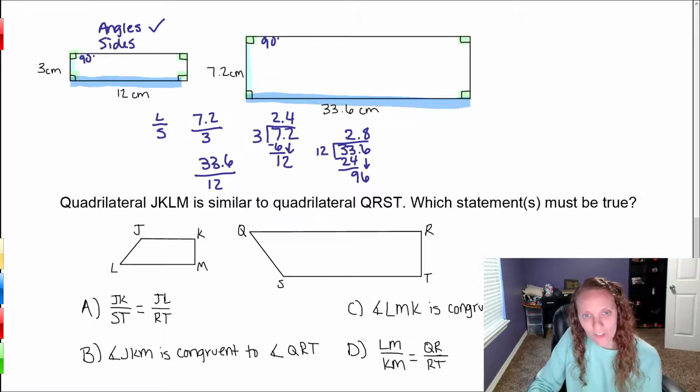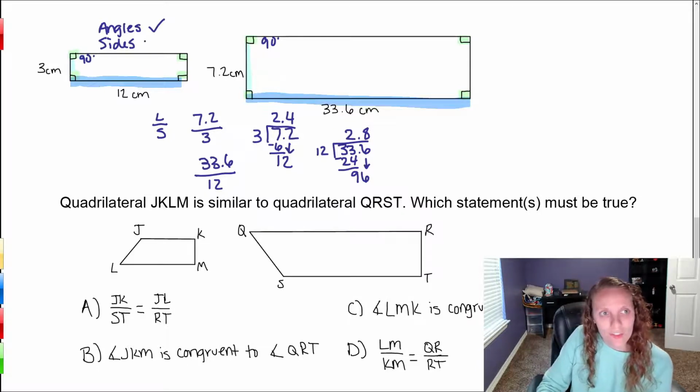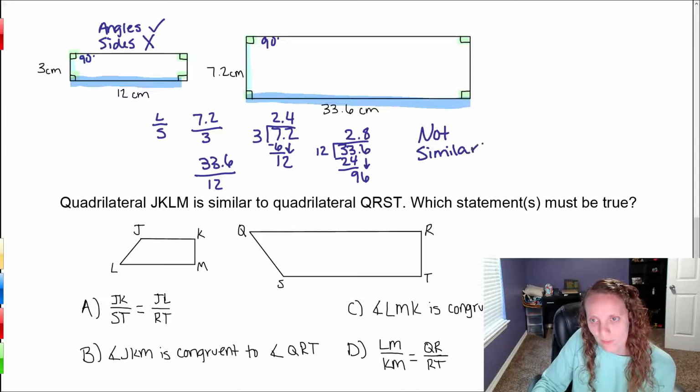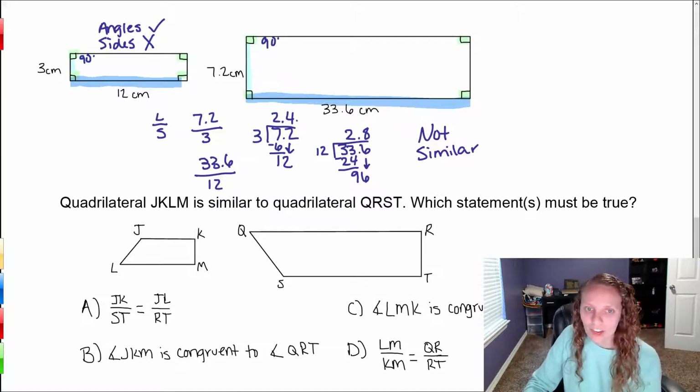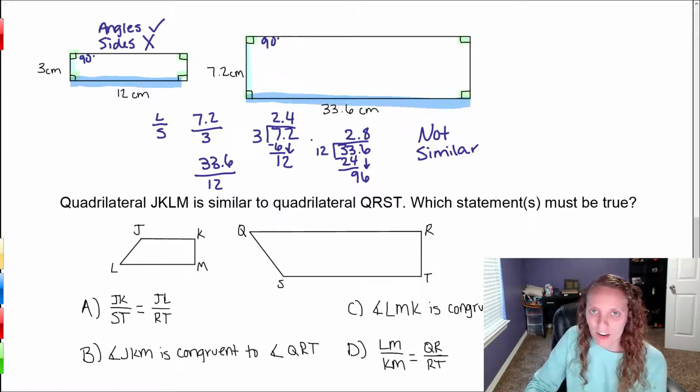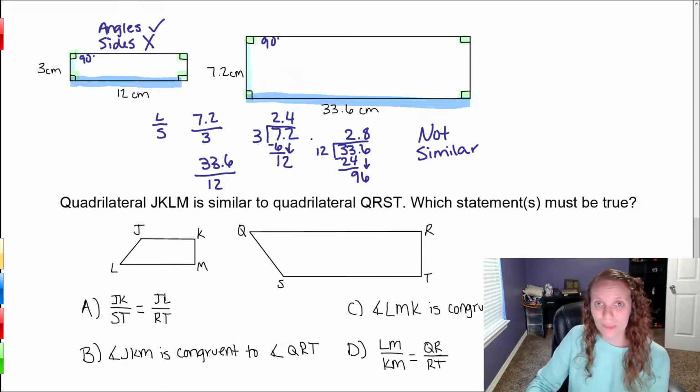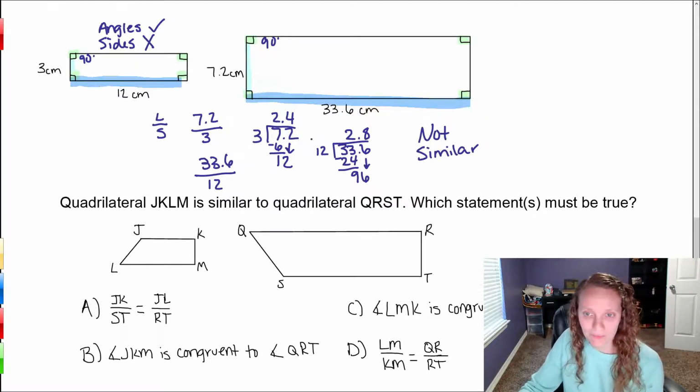So if you notice, these two numbers here are not the same. So the sides are not proportional, so these are not similar. So when we divide, we have to get the same number each time for it to be proportional, just like what we did with tables here a while back.